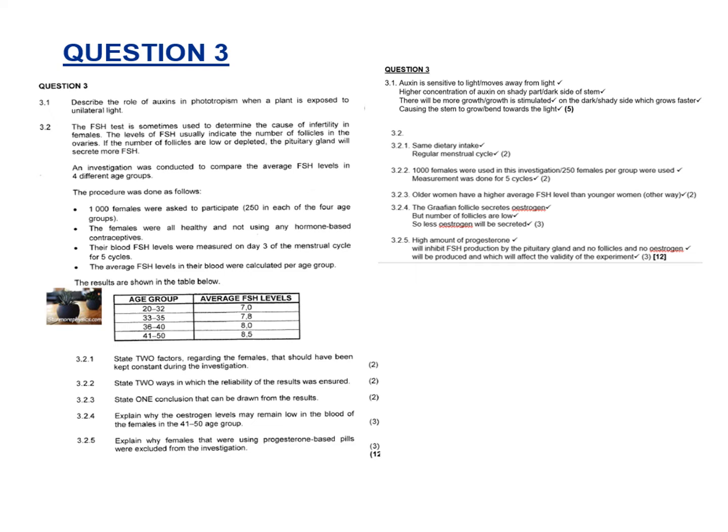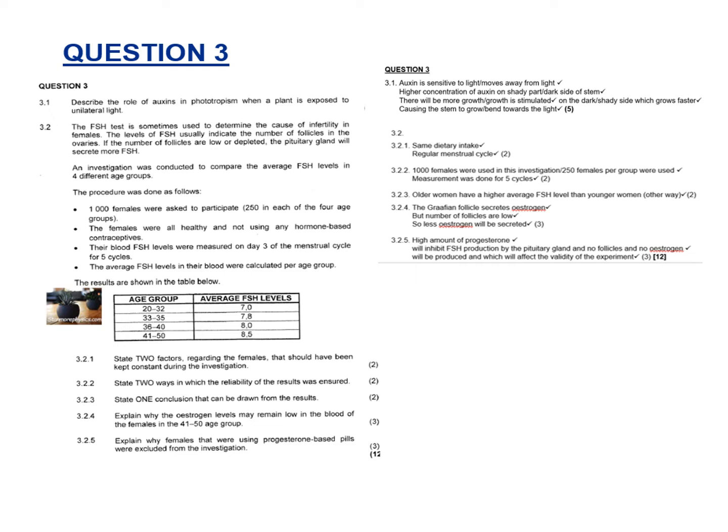The procedure was done as follows. 1,000 females were asked to participate, 250 in each of the 4 age groups. The females were all healthy and not using any hormone-based contraceptives. Their blood FSH levels were measured on day 3 of the menstrual cycle for 5 cycles, and the average FSH levels in their blood were calculated per age group.